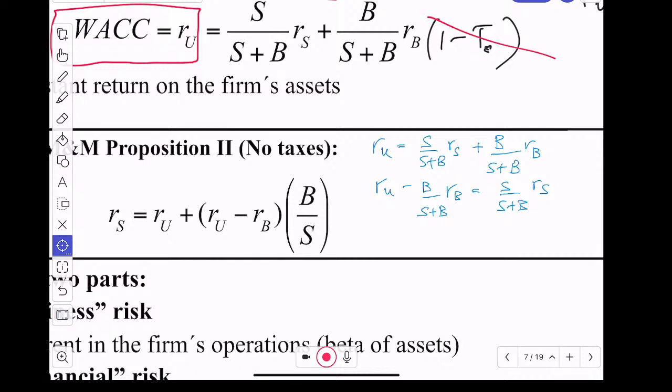Then I'm going to cross multiply this up and put this down. It's probably a prettier way to do this, but that's what I'm going to do. And so this becomes S plus B over S times RU minus B over S plus B times RB equals RS.